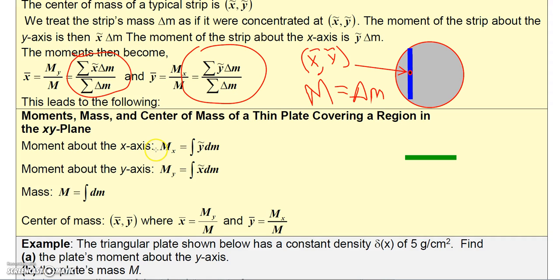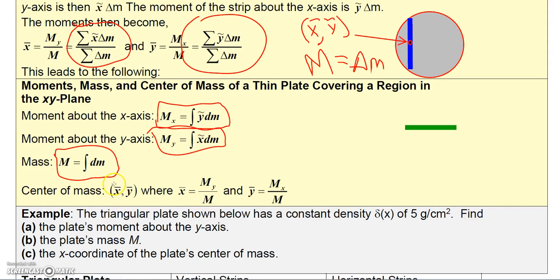Therefore the moment about the x-axis would be the integral of y tilde dm, and the moment about the y-axis would be the integral of x tilde dm, and we let the mass be just the integral of dm. So basically the dm is replacing the delta m in the sums.